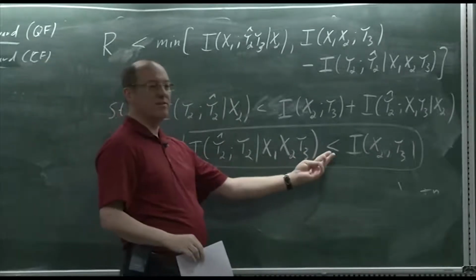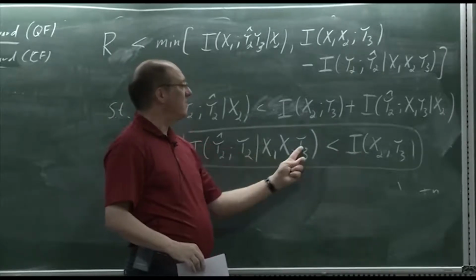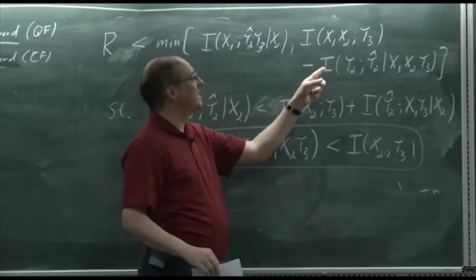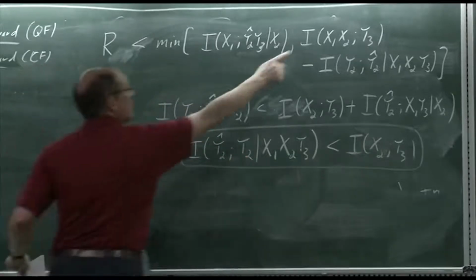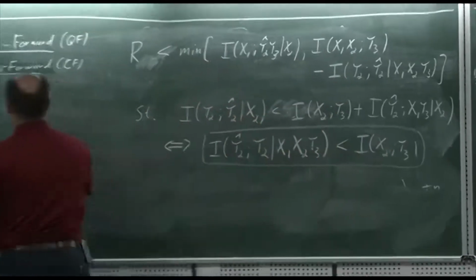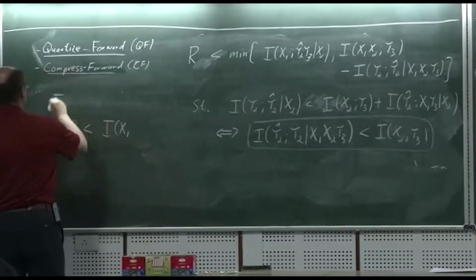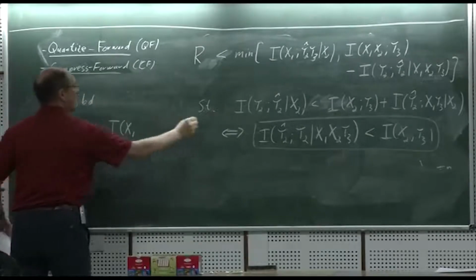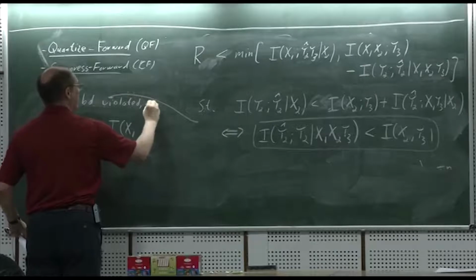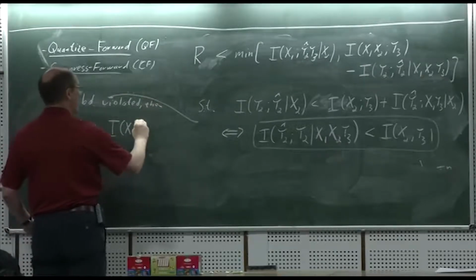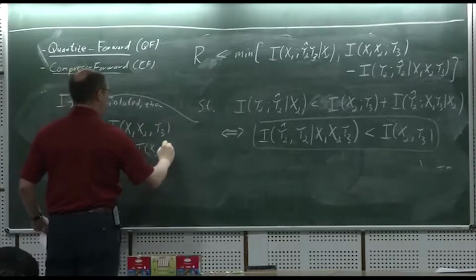Suppose this is violated. Suppose this is bigger than that. What's going to happen? Well, if this is bigger than that, this term here will be less than this minus this, right? And if this term here is less than this minus this, that means the rate has to be less than I(x1; ...). So if the bound is violated, then we have R less than I(x1; y3) minus I(x2; y3).